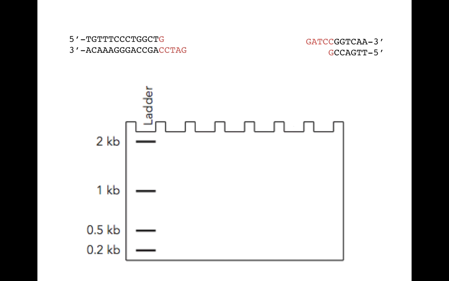So what happens if we run these 2 products on a gel? Because there are 2 products of different molecular weight, we're going to get 2 distinct bands. The shorter product is going to travel farther along the gel as it encounters less resistance from the pores of the gel. The larger restriction enzyme product doesn't travel quite as far, as shown here.